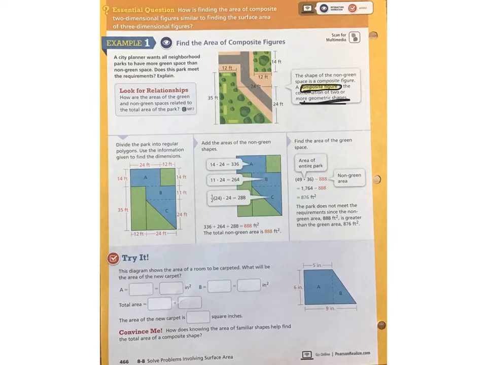Look at example 1. A city planner wants all neighborhood parks to have more green space than non-green space. Does this park meet the requirements? So you'll notice that the green space is here where the tree lines are.